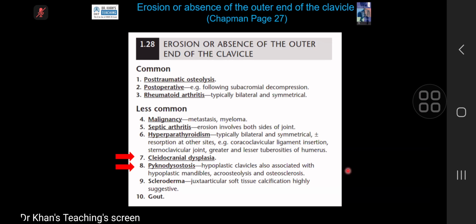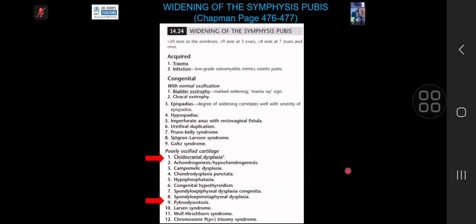And then acroosteolysis. Acroosteolysis does not happen in just three digits. It can happen in every digit, and this is regarding pycnodysostosis. You don't see it in cleidocranial dysplasia. Then widening of the symphysis pubis, and you will see how widened this one was.